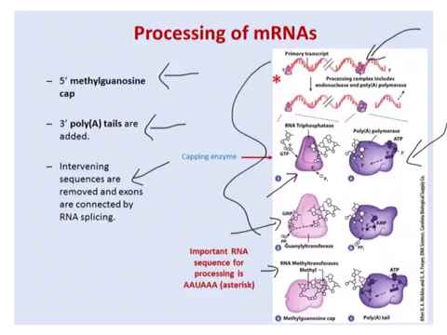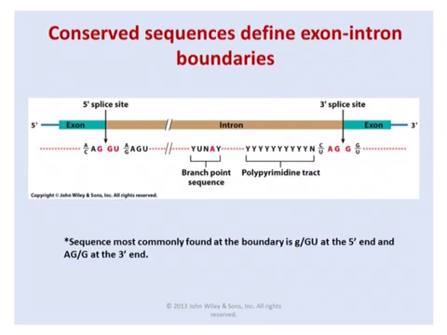And then the third processing step for eukaryotic mRNAs is removal of introns and ligation of exons. This is what's called splicing of the mRNA molecule. Now splicing is done by what's called the spliceosome. The spliceosome, this complex of many different proteins and actually RNA molecules, will recognize specific non-coding regions called introns in the mRNA molecule.